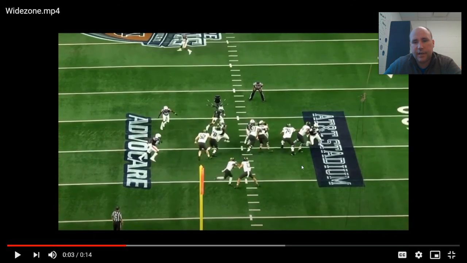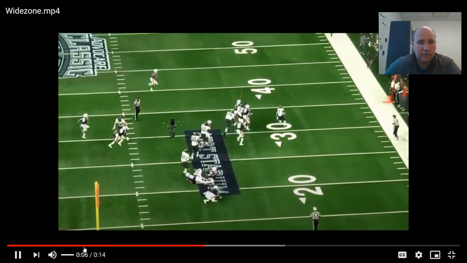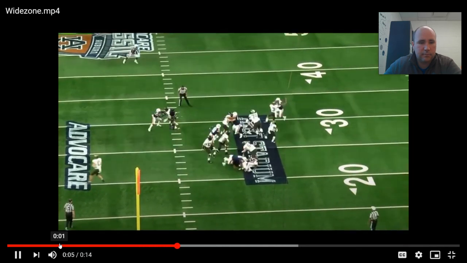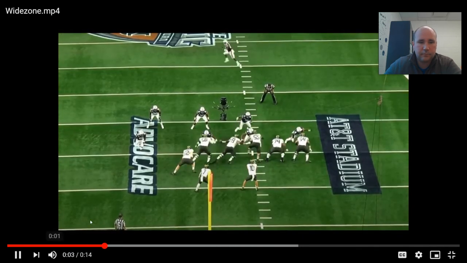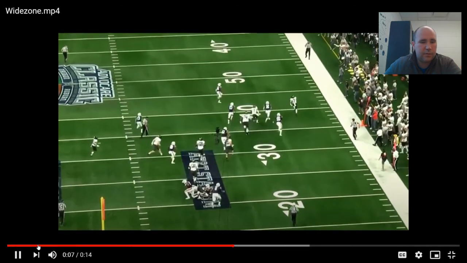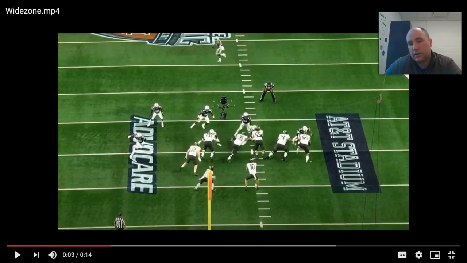All right, so like we said, if somebody wants to run outside, you just take them outside. Okay, you take them outside. And this is what's so beautiful about the play is, these two players, they are both looking at this down guy because there's no one else out here threatening the tackle's play side gap.